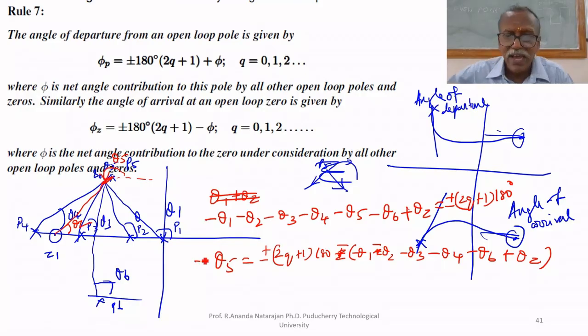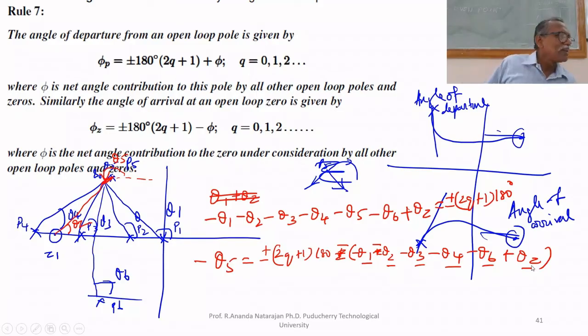That's why I can say that theta 1, theta 2, theta 3, theta 4, theta 6 and theta z are the angles made by lines joining P5 to all other poles and zeros. That is called the net angle contributed by lines joining P5 and all other poles and zeros.